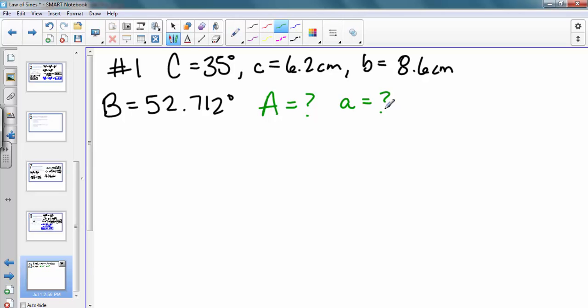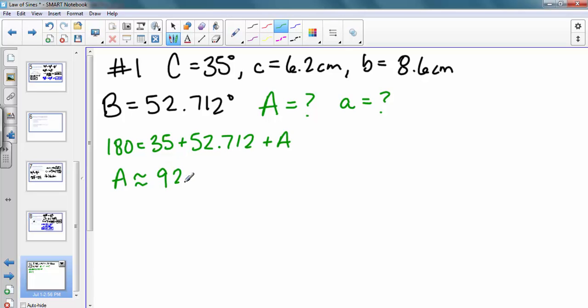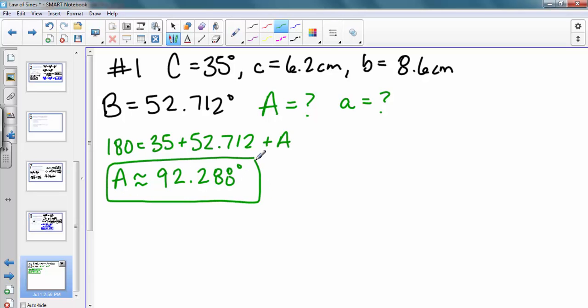So I still have left to find angle A and the length of side A. So in order to find A, I can simply say 180 degrees has to equal all of my angles. So 35 plus 52.712 plus my angle A. Solving for angle A, I get A is approximately 92.288 degrees.